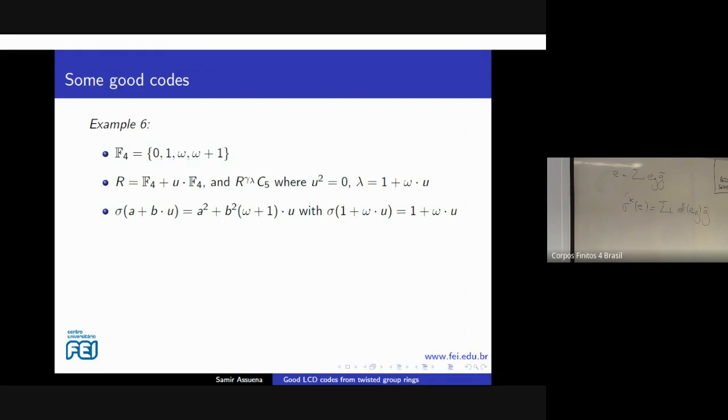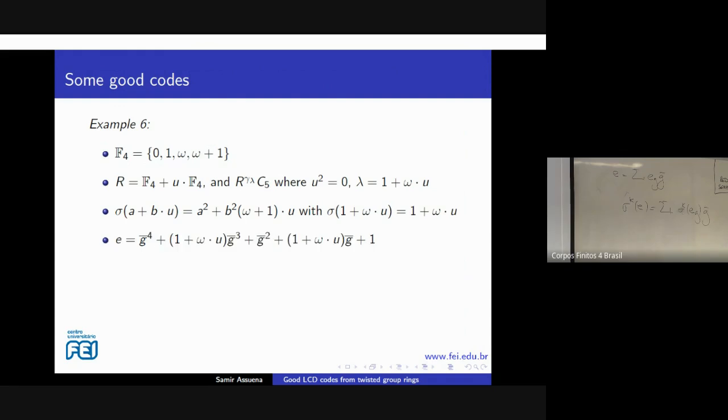If we consider this mapping defined in this way, this mapping is an automorphism of this ring, and this element here is fixed by this automorphism. Of course, it's fixed by all powers of the automorphism.